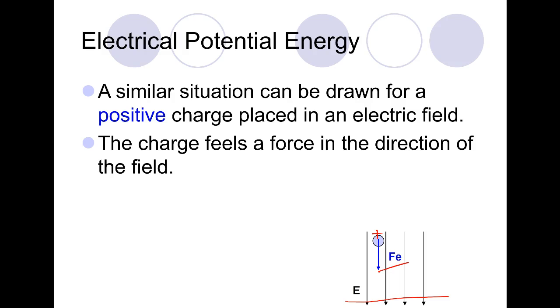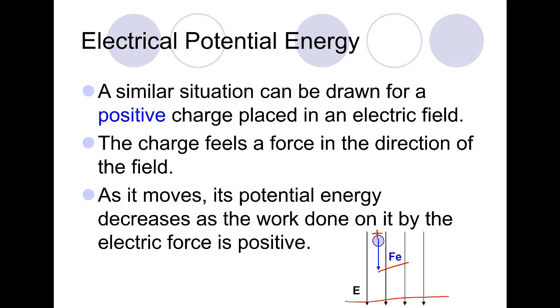That's the definition of what a field is. And as it moves, its potential energy decreases as the work done on it by the electric force is positive. Again, the displacement is downwards and the force is downwards, so the work is positive, and the change in potential energy is the opposite of that. So as the positive charge moves with the field, it's decreasing its potential energy.